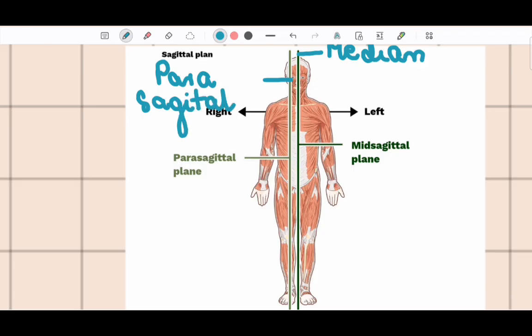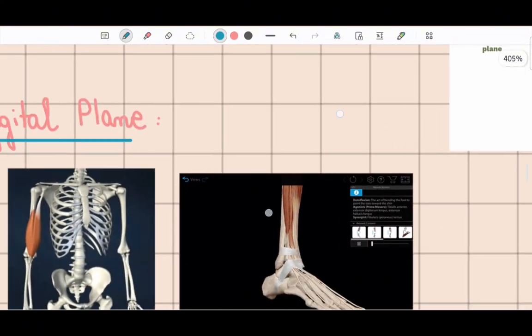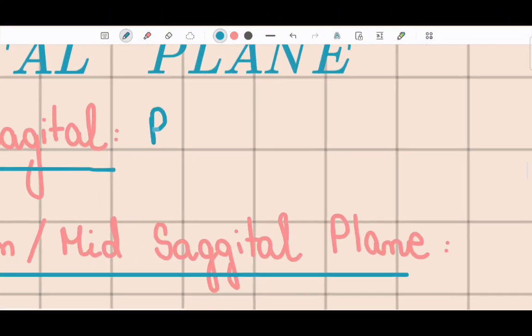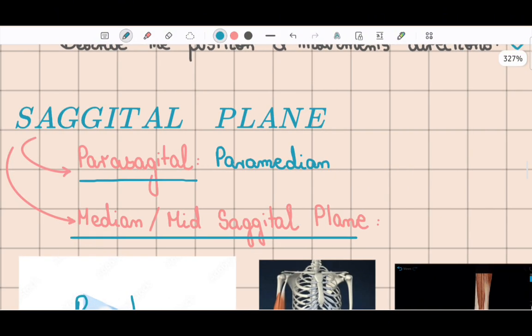It also divides the body into the right and the left parts, not halves. It does not divide the body into two equal halves, but it divides the body into the right and the left parts. Whereas the median plane divides the body into two equal right and left halves. The parasagittal plane is also called a para-median plane, meaning it's parallel to your median plane, and the median plane is basically any plane which is dividing the body into two equal halves.